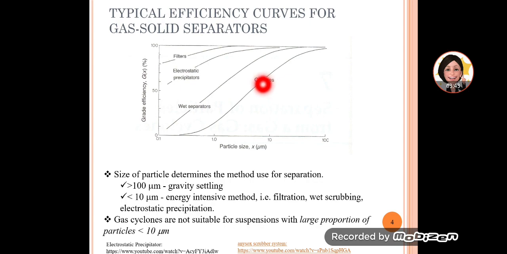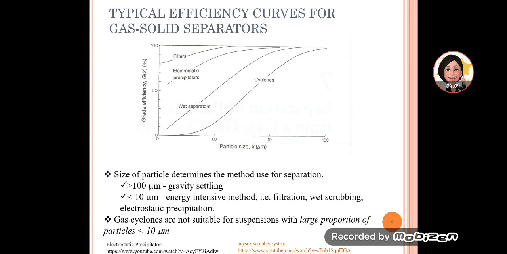For smaller particle sizes, we can use a wet separator, an electrostatic precipitator, or, for much smaller particles, a filter. Filters we covered in the packed bed chapter in this course. If you're curious to know how these work, you can look at the YouTube link given below, which will show what these separators are.